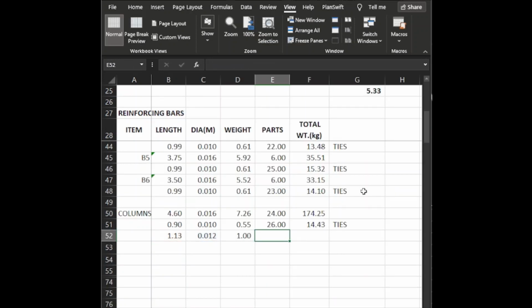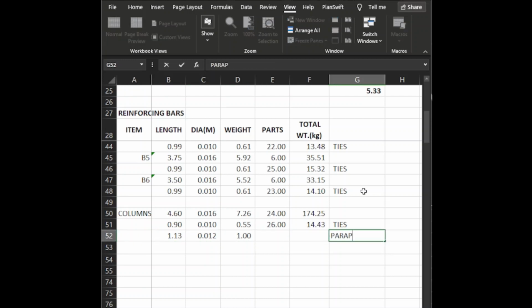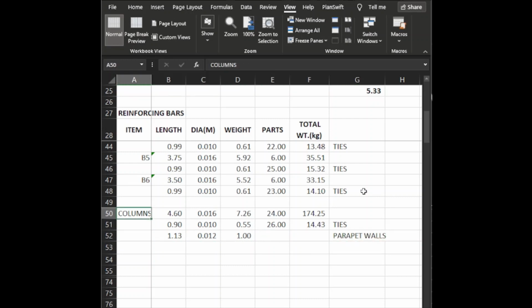Okay, number of parts, I just put columns in parapet walls. This is under column. Okay, so 4 times 6 again, so 24. Why is this 26? This is the ties, so the total weight is 24 kilograms.